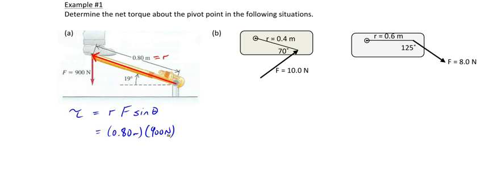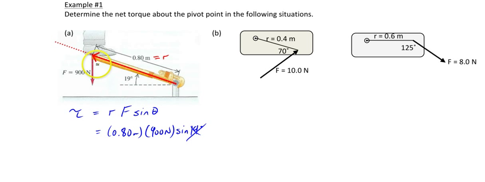And the angle, I'm wondering how many of you wrote sine of 19 degrees. That does not get you the right answer. This is wrong. The angle in our torque formula is the angle between the force vector and this position vector. Imagine you extend this out all the way this way.